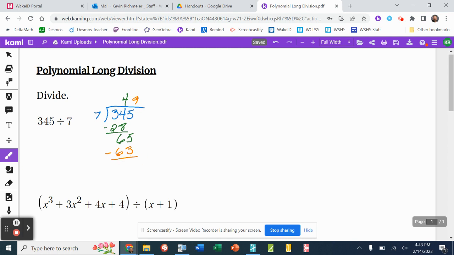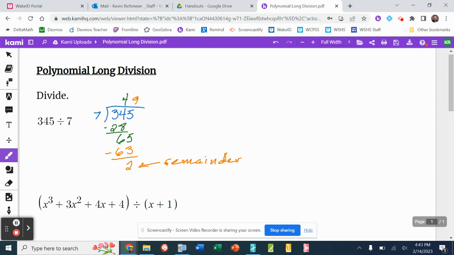So 65 minus 63 will leave us with 2. And we call 2 the remainder. So 345 divided by 7 is equal to 49 with a remainder of 2.